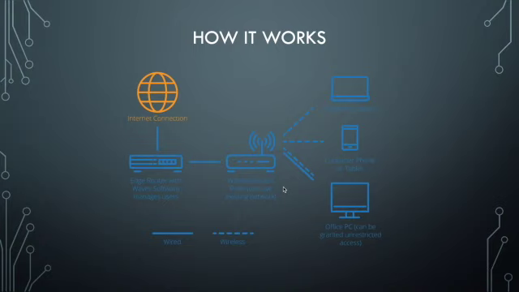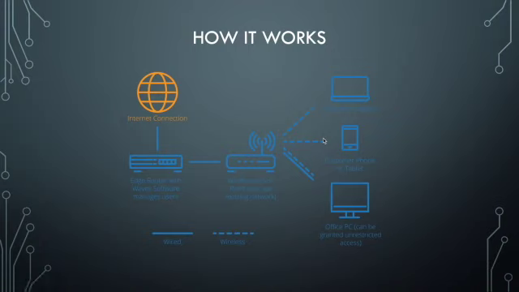Essentially, how Wi-Fi works is that we first get a connection from an internet service provider. That connection is then transferred over with a DSL cable. It feeds off to a modem. The signal then gets transmitted as radio signals, and it allows nearby devices to connect, thus providing them with internet access. As you can see here, the radio signals are transmitted to devices such as laptops, computers, tablets, and PCs.